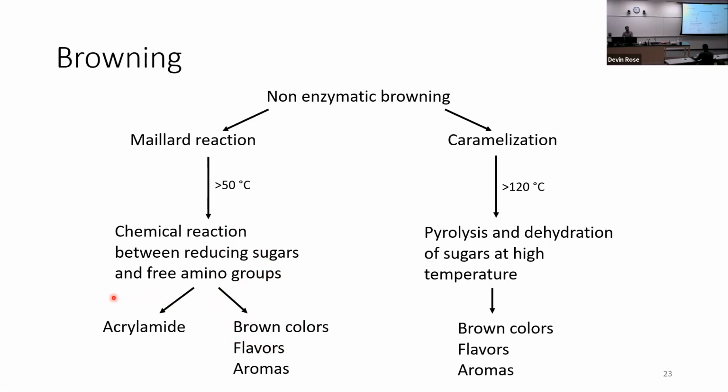We also can form acrylamide in the Maillard reaction. And acrylamide is a carcinogenic compound. It's a toxic compound. We don't want it. And so we would want to take steps to avoid acrylamide formation from this browning reaction.